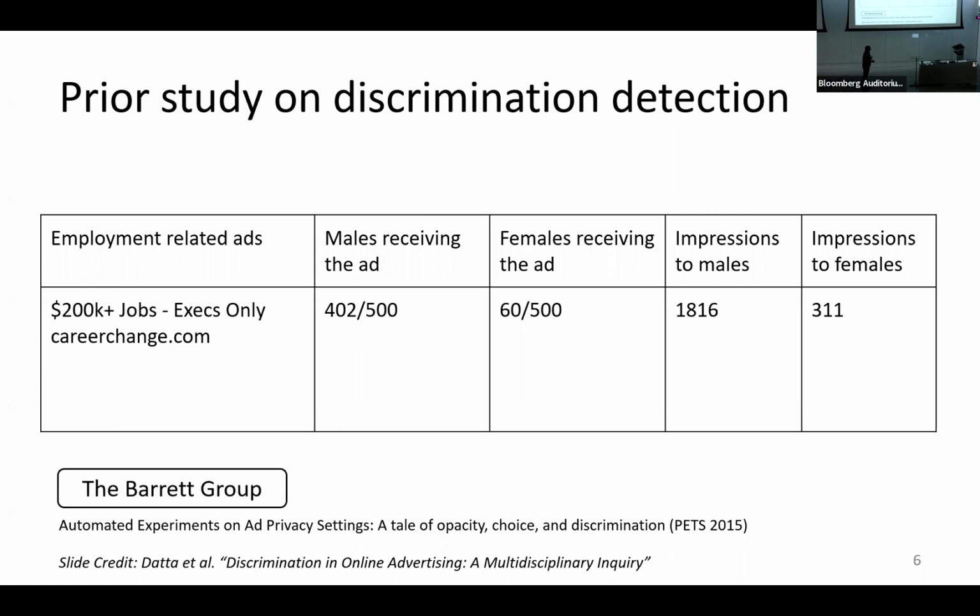Empirically, of the people whose gender they know who received the ad, 402 were male and 60 were female. And the impressions were similarly skewed.